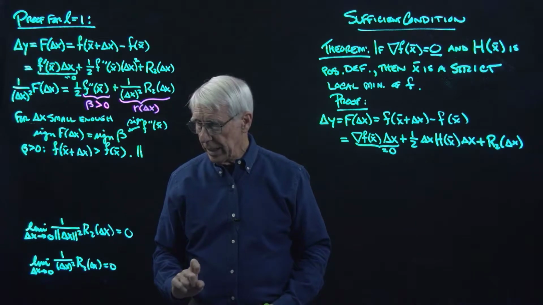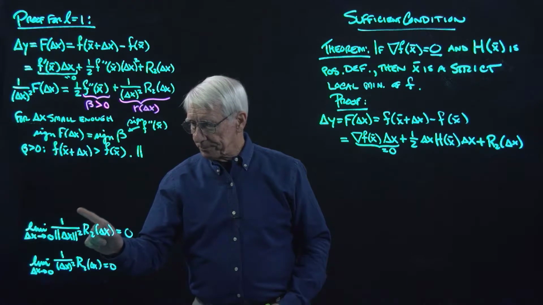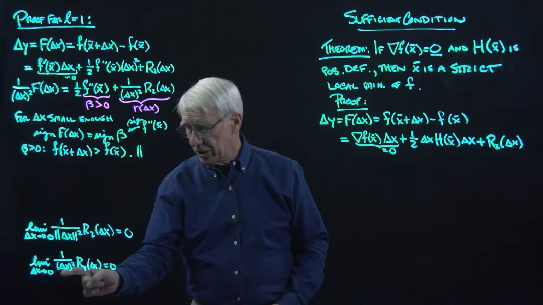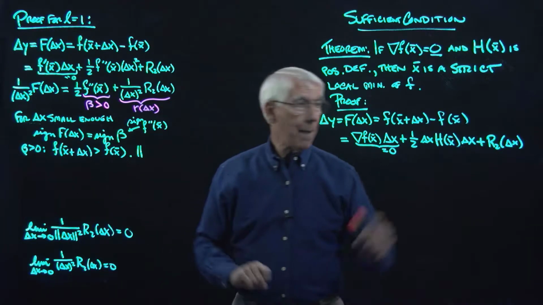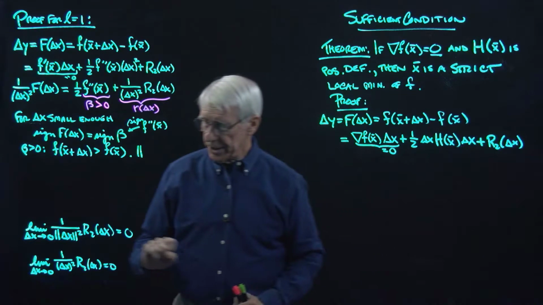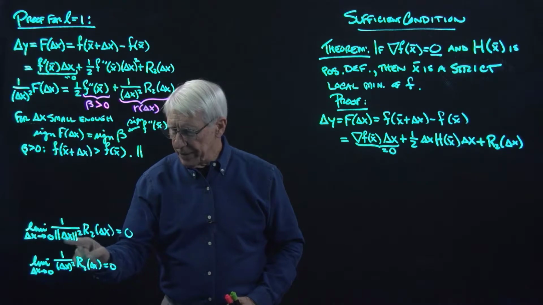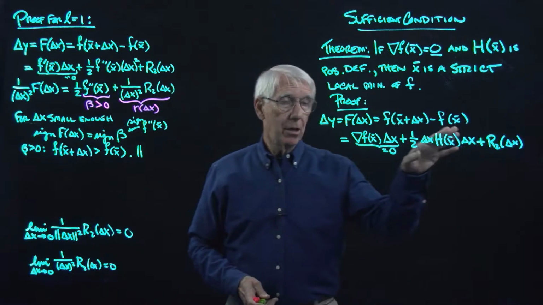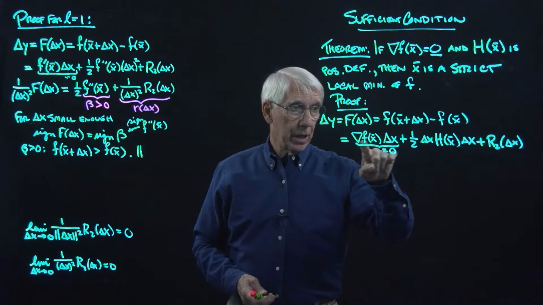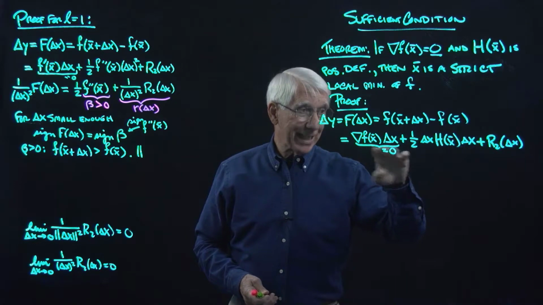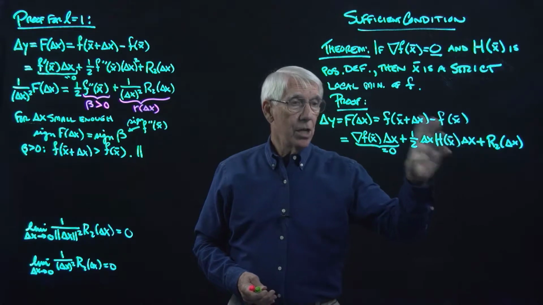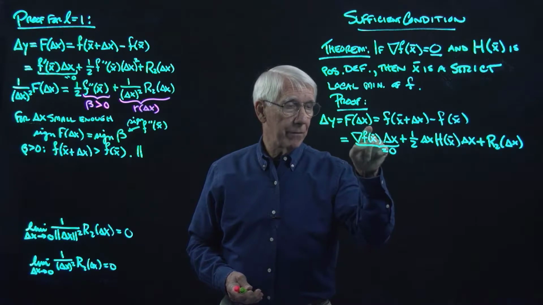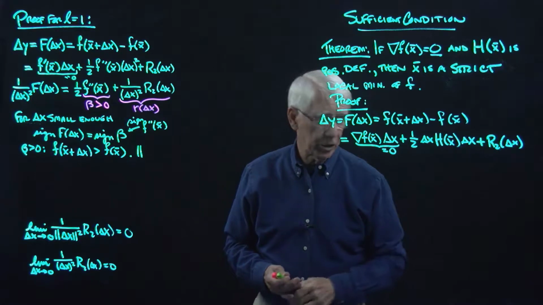And over here, since we can't divide by delta x or delta x squared, what happens is that 1 over the norm of delta x squared times R2 of delta x goes to 0. That's what we know about the second degree Taylor approximation to our function capital F of delta x, or this function here.